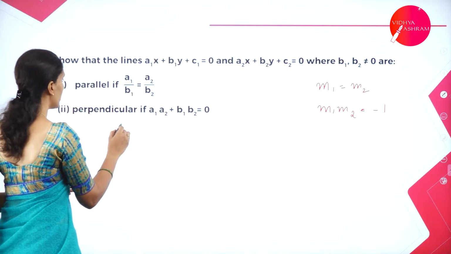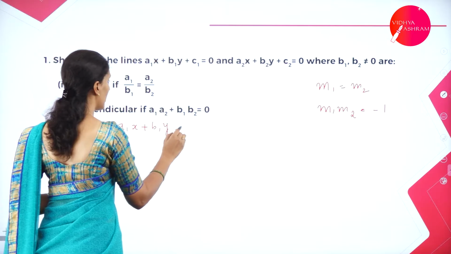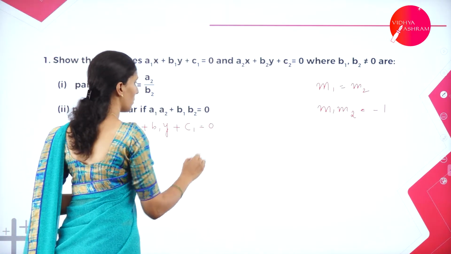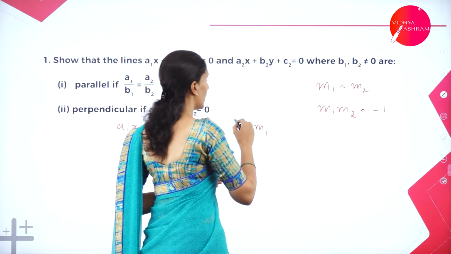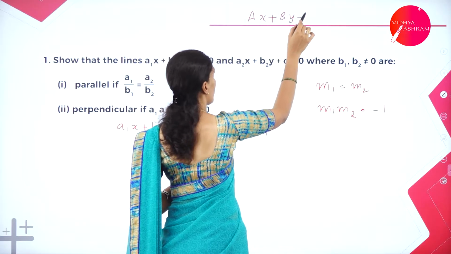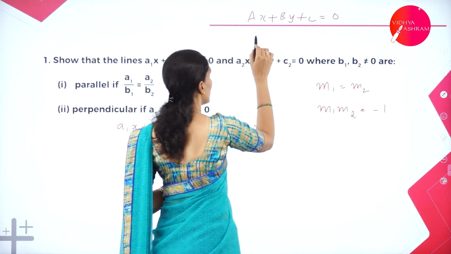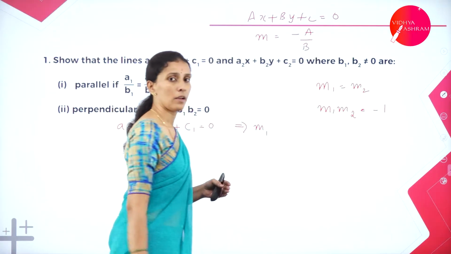So the given equations are a1x plus b1y plus c1 is equal to 0. So this implies my slope m1. If the general equation is ax plus by plus c is equal to 0, then the slope is given by minus a by b.